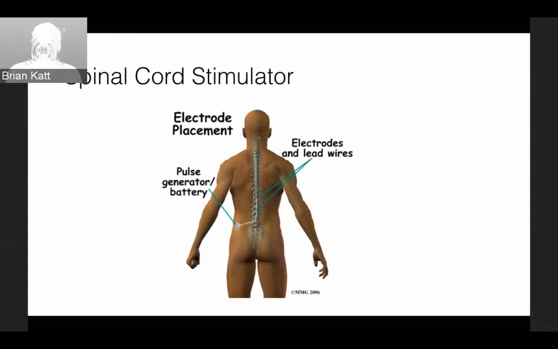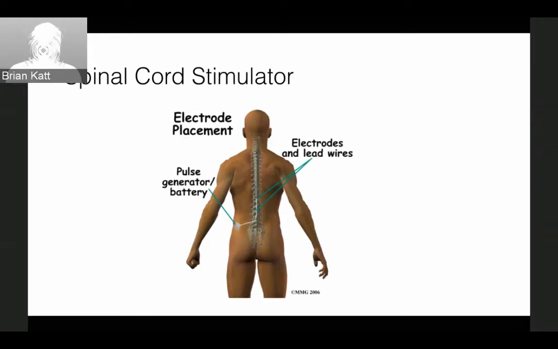And so what it involves doing is putting in the electrodes with the lead wires. It's maybe a little bit more invasive than an interlaminar epidural steroid injection. You're basically going into the epidural space and fishing the wire up into the spine, and you have to do a test and make sure that you're getting adequate coverage of the pain.